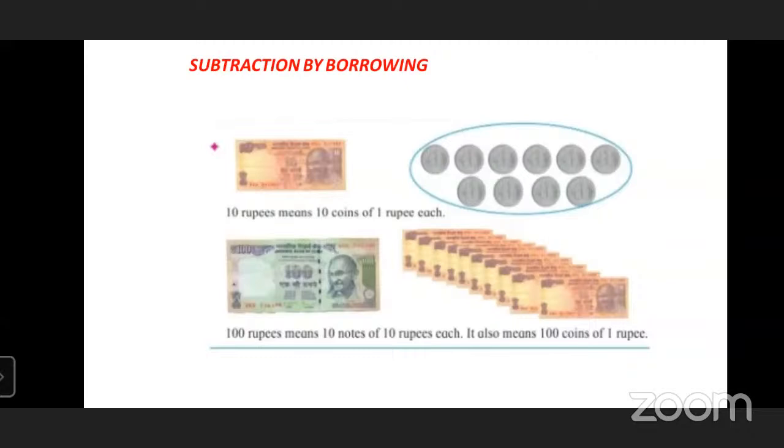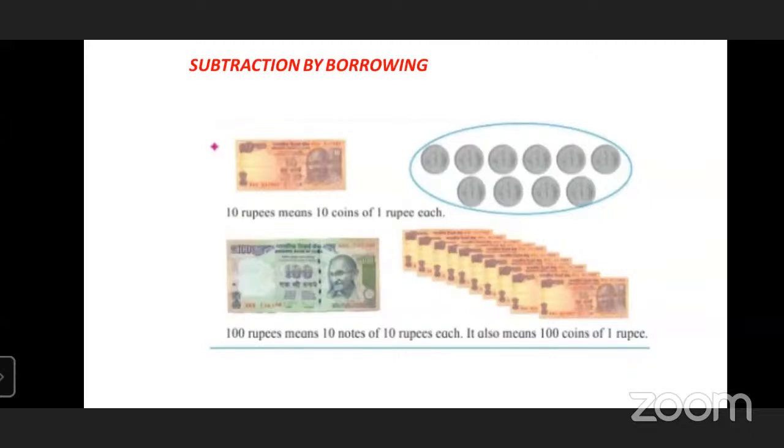Let's count 1, 2, 3, 4, 5, 6, 7, 8, 9, 10. Okay, so 10 rupee means 10 coins of 1 rupee each. Now, let's see the 100 rupee.